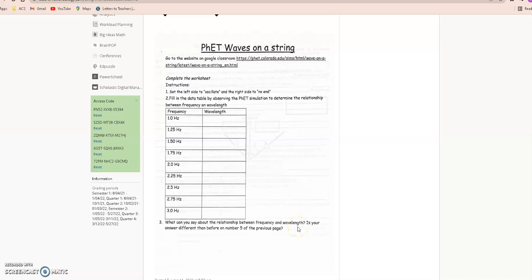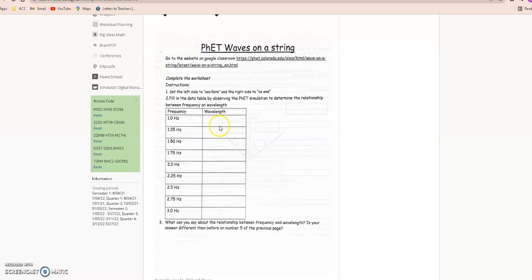So all you need to do is write a statement. As the frequency goes down this chart, what is it doing? It's going 1, 1.25, 1.5. It's getting bigger. It's slowly increasing. Okay? So, your sentence about this relationship should say, as the frequency is increasing, tell me what your wavelength is doing.